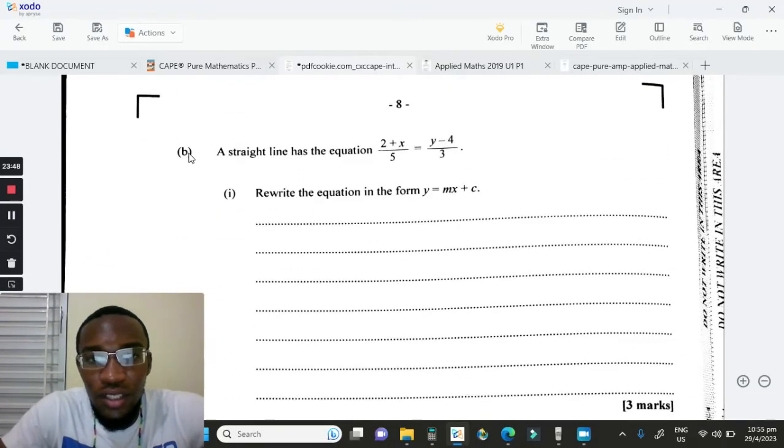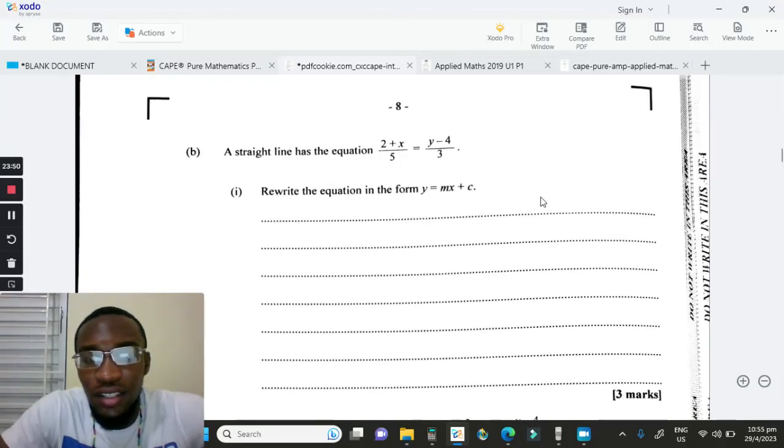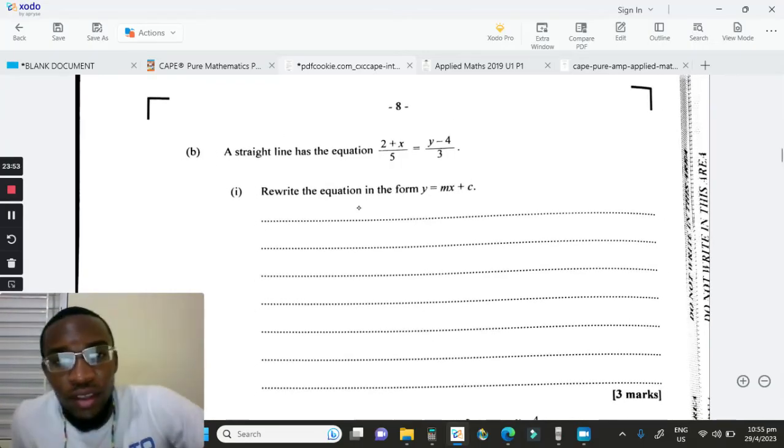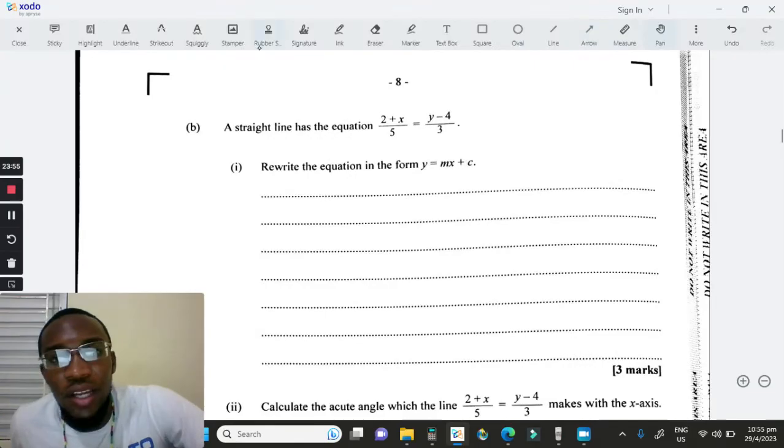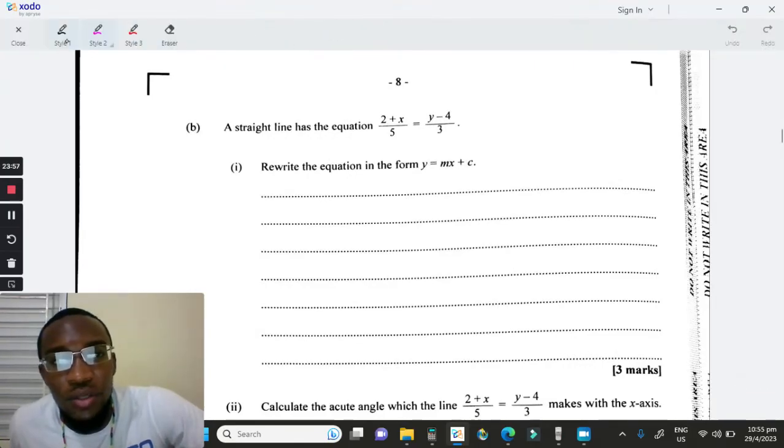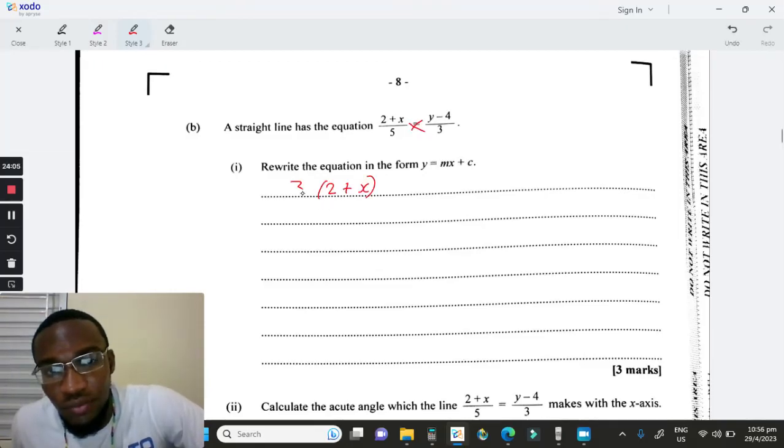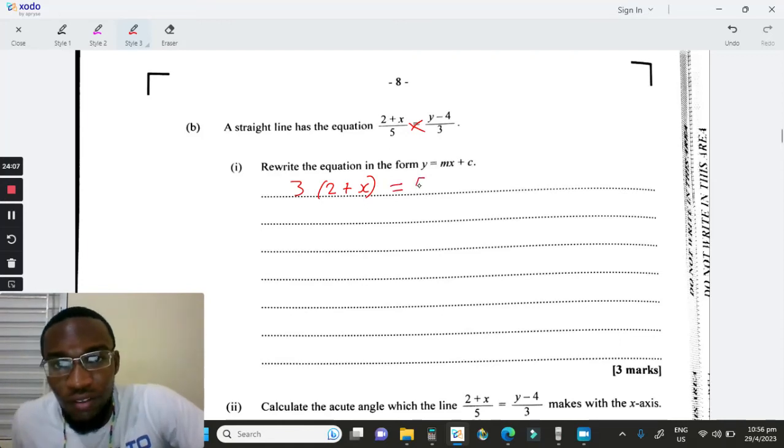Now this question part B, it says rewrite the equation in the form y equals mx plus c. So the first thing you do is cross multiply. We multiply 2 plus x times 3 equal to 5 times y minus 4.